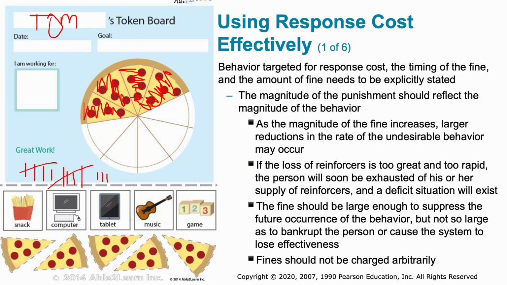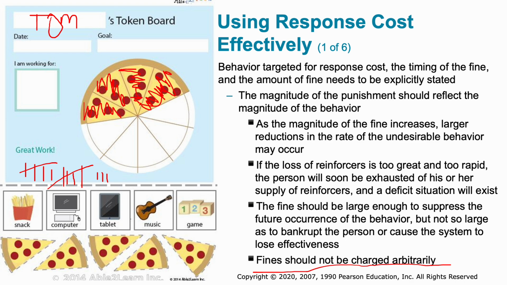And I think the last point here is a really important point, which is that the fines should not be charged arbitrarily. What this means is that you shouldn't just be coming up with what you're going to fine on the spot. You're like, oh, you engaged in aggression, so I'm going to take away 5 tokens. And then the next time they engage in aggression, you're like, okay, I'm just going to take away 1.